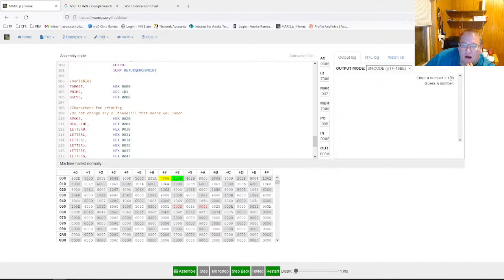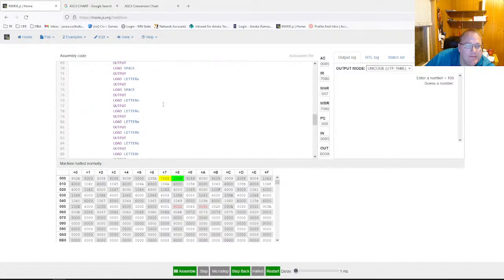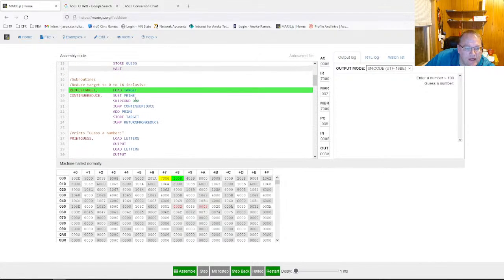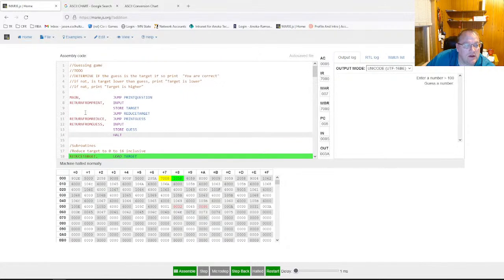That'll give us a number 100 or less. So what we do is we subtract it, and we jump on continue to reduce if it is not negative. Then it'll keep doing this until it skips the jump because now it's negative. We need to add the prime back into it because we want a positive number again. And then we store the target, and then we jump to return from dice, which will come up here.